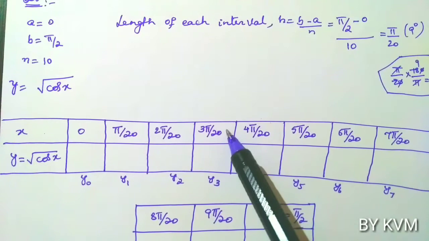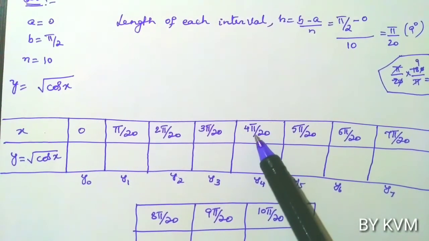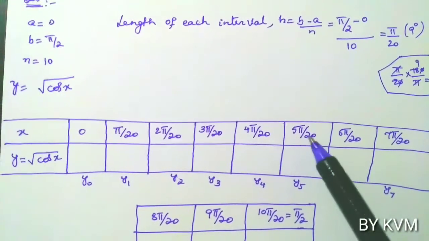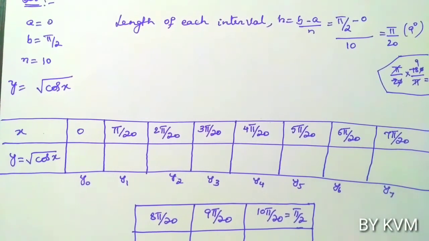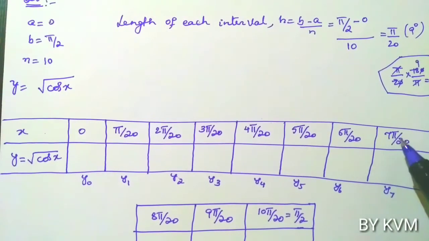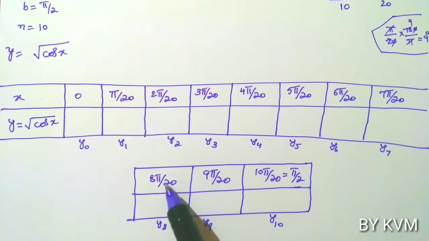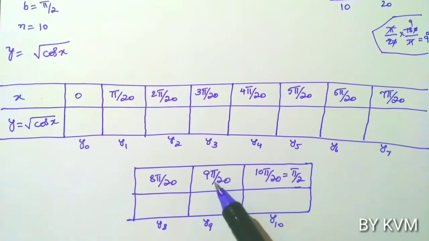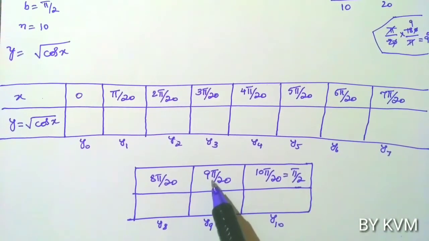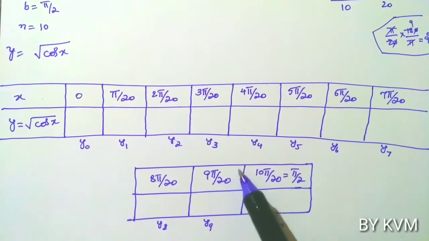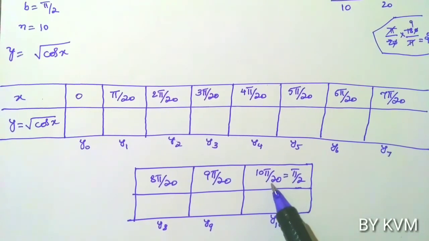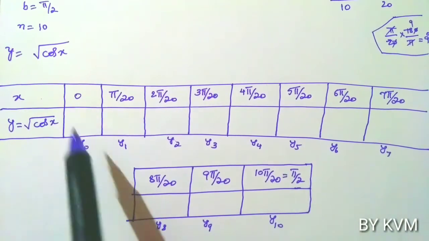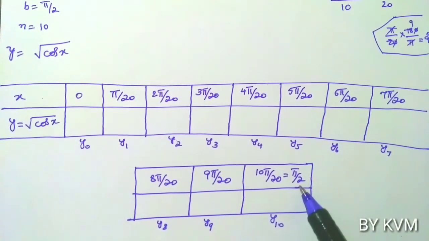Again add pi by 20, we get 4 pi by 20, then 5 pi by 20, 6 pi by 20, 7 pi by 20, 8 pi by 20, then 9 pi by 20, and again adding pi by 20 gives 10 pi by 20, which is nothing but pi by 2. So the first value is 0, the last value is pi by 2.